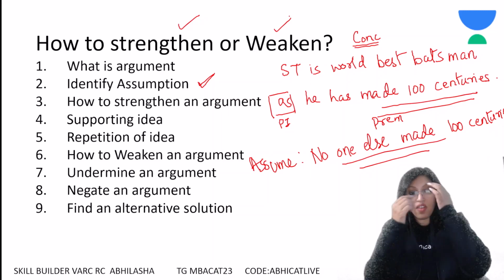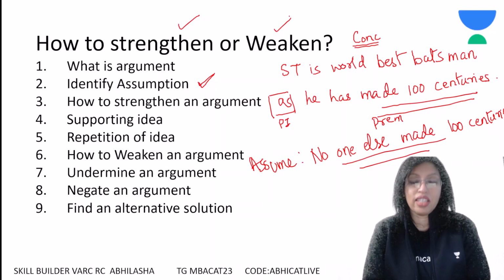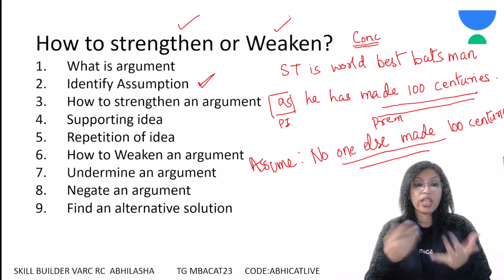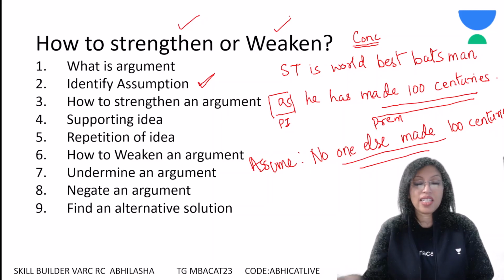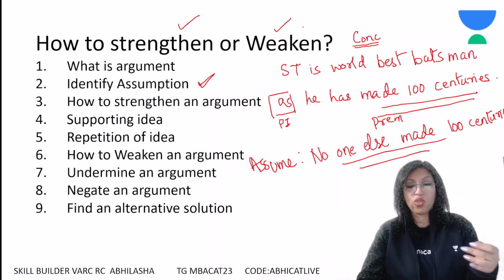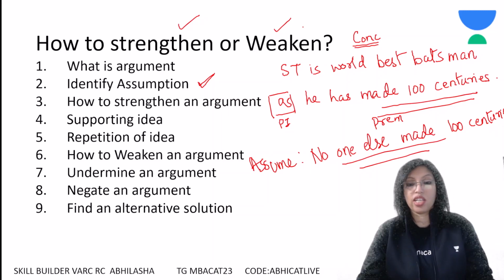So imagine if I have to strengthen this argument. For the sake of argument, let us say that I want to strengthen this. So I can say that Sachin has made these 100 centuries in the least period of time. I can also say that apart from these 100 centuries, Sachin has also made 90 half centuries.